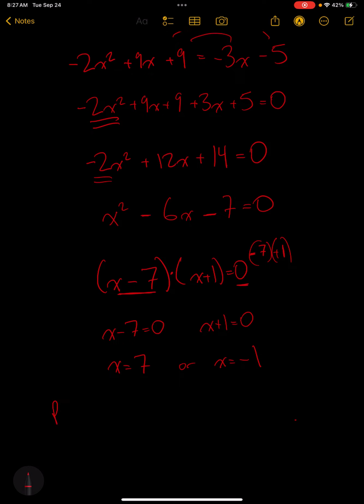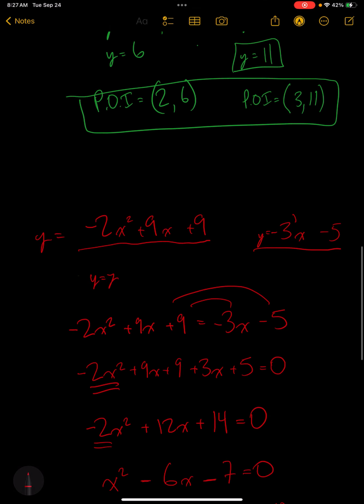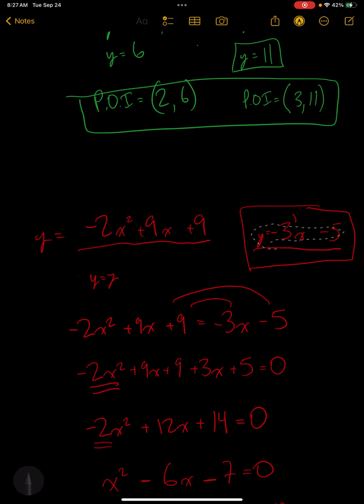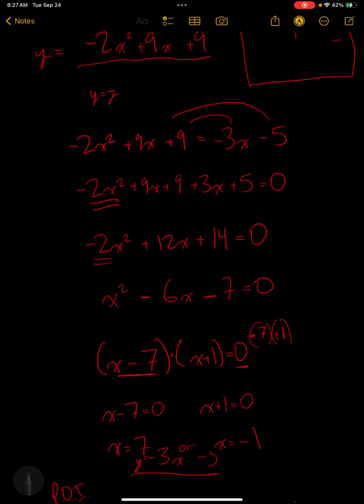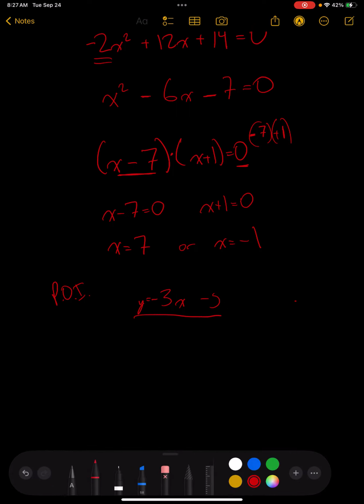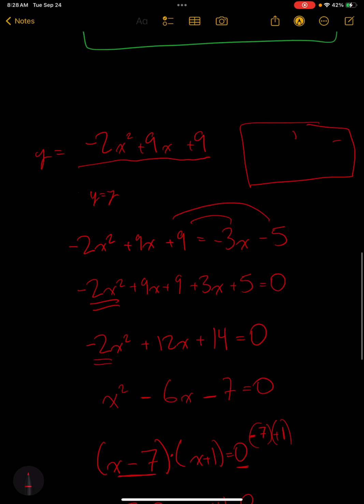Now, because we want a point of intersection, we have to substitute into our equation. I'm just going to use this line equation here. At x equals 7, y equals minus 3 times 7... that doesn't make sense.